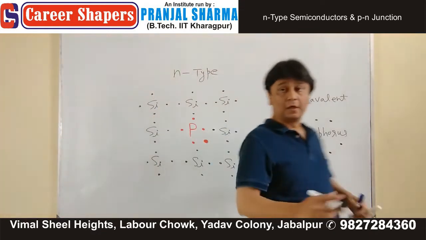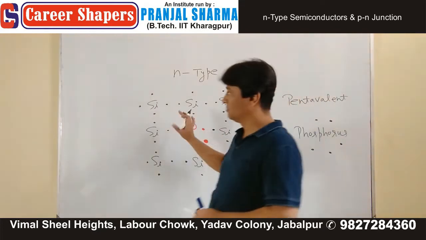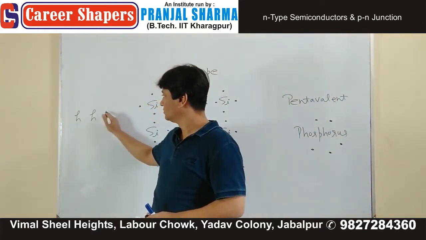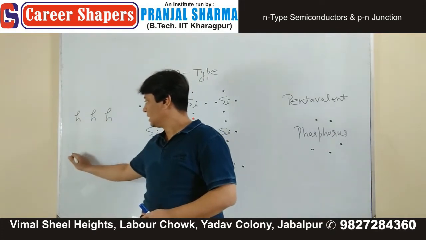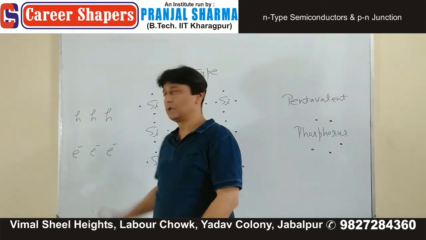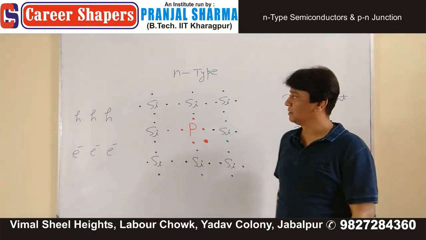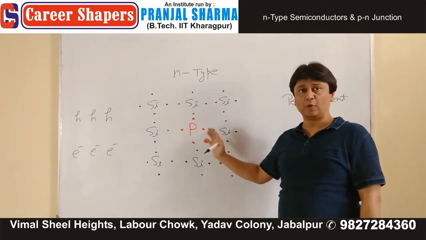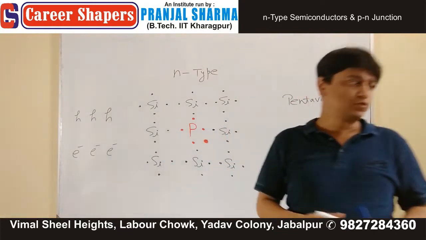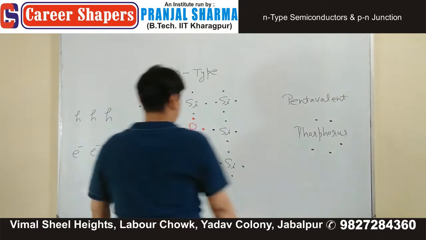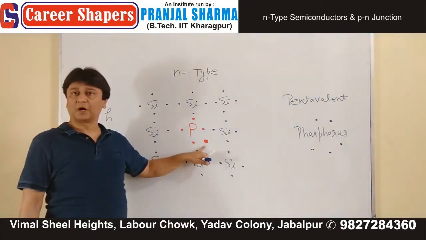Remember, this silicon crystal has equal number of holes, equal number of electrons, free electrons. It is neutral. Now what we have done, we have added a pentavalent impurity. And once we add this pentavalent impurity, it provides this extra electron.